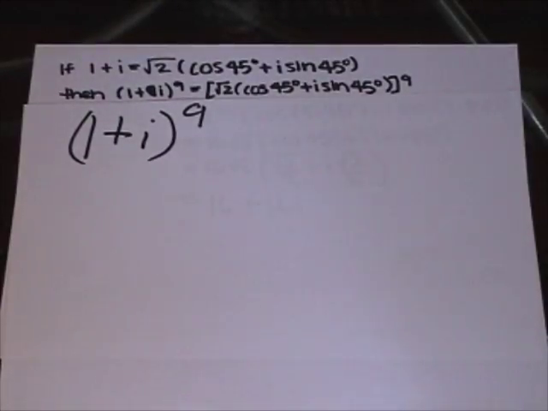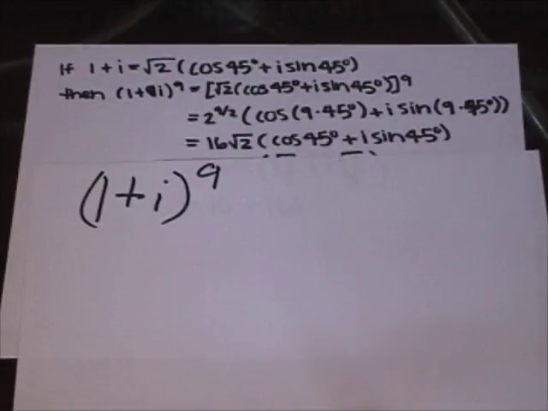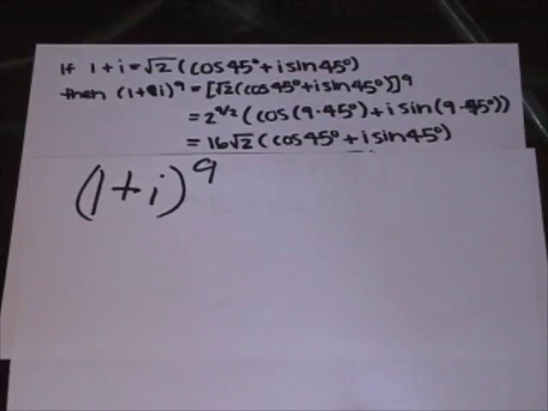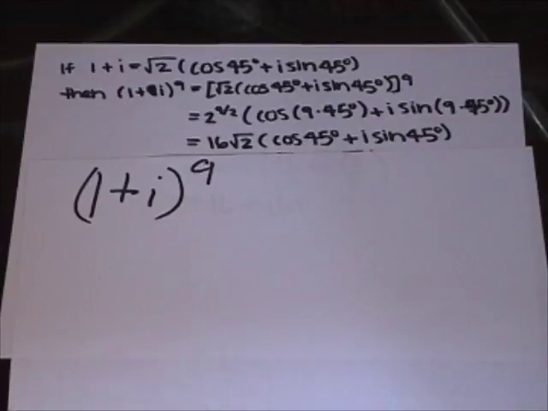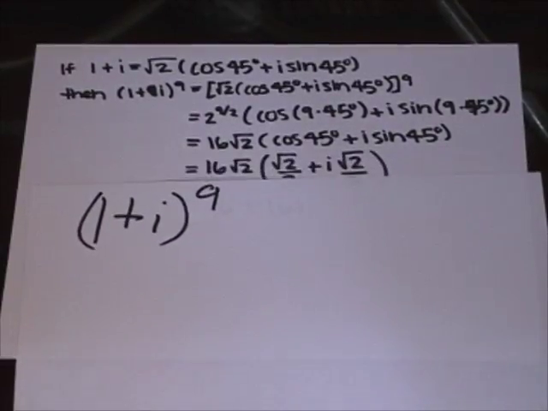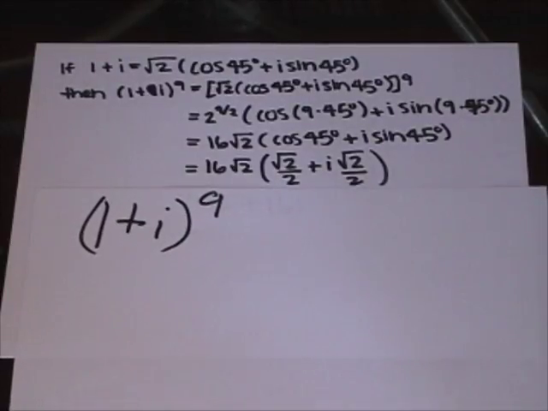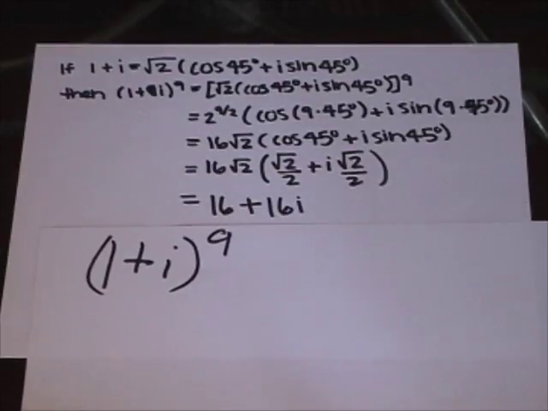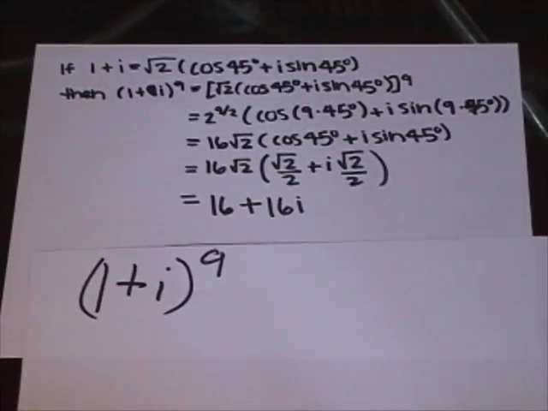Then we apply de Moivre's theorem, and so we get 2 to the power of 9 over 2 times cosine of 9 times 45 degrees plus i sine of 9 times 45 degrees, which turns into 16 root 2 times cosine 45 degrees plus i sine 45 degrees, which becomes 16 root 2 times root 2 over 2 plus i root 2 over 2, which finally becomes 16 plus 16i.